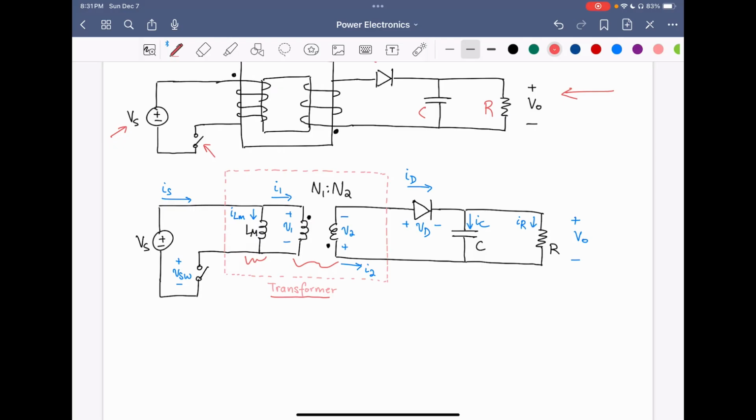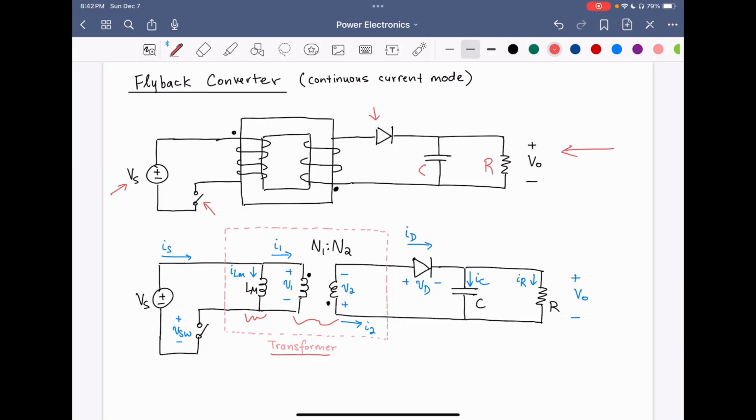Now, for this analysis, I've drawn out the quantities of interest. So we have these various values of voltages and currents labeled in blue. To start off the analysis, we're going to look at the circuit in state 1 and state 2.